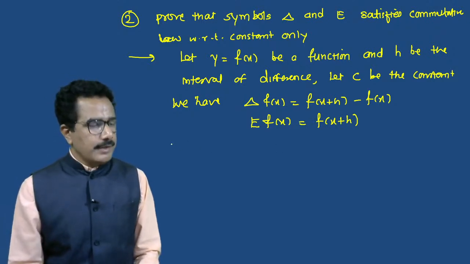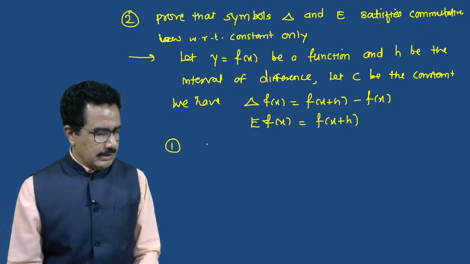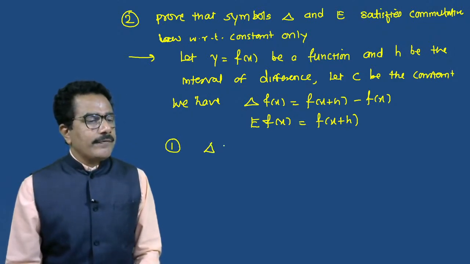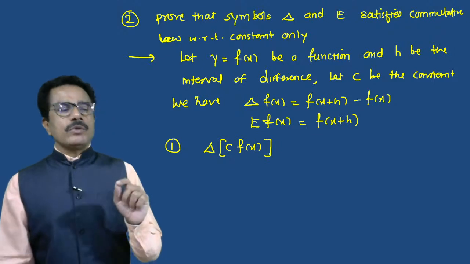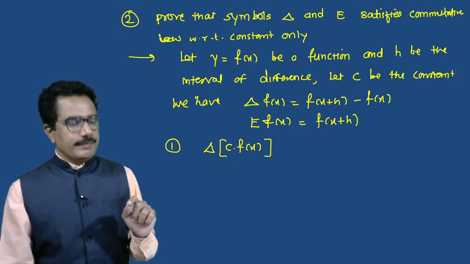Number 1. Now delta of c into f of x, we have to prove the commutative law.